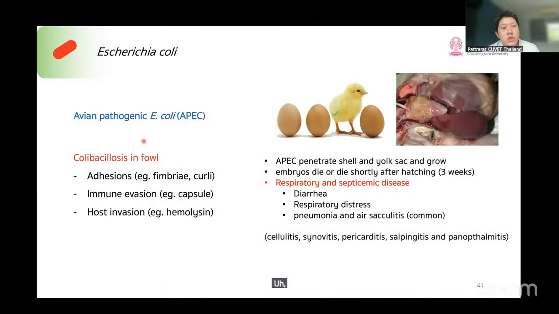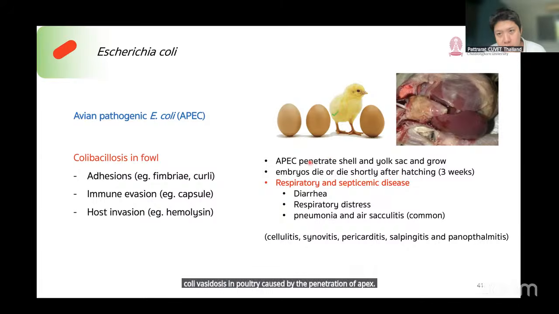In avian species, APEC, or avian pathogenic E. coli, is the cause of colibacillosis in poultry. Colibacillosis in poultry is caused by the penetration of APEC throughout the body and causes respiratory and systemic infections.